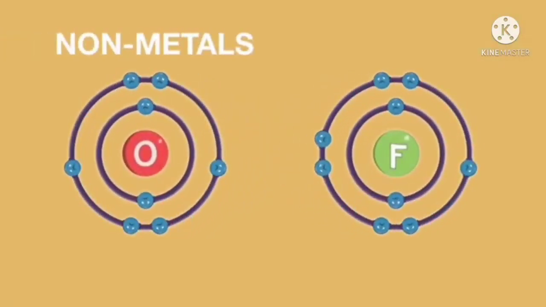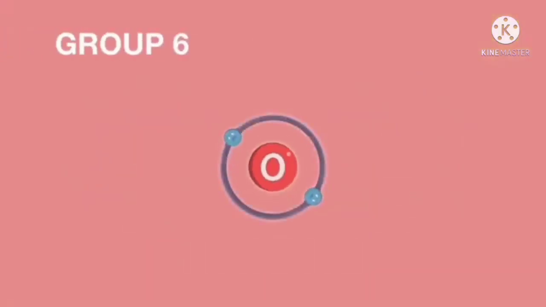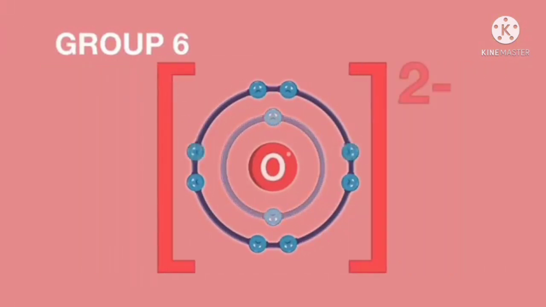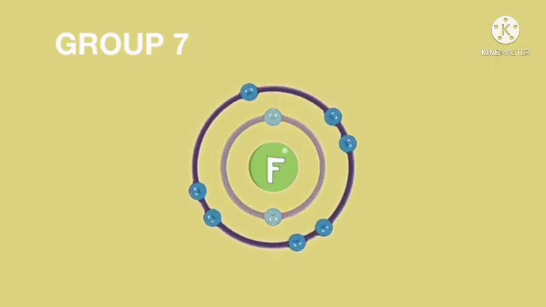What about non-metals? They will gain electrons and acquire a negative charge. So they are anions. In group 6 you have oxygen. Oxygen is a non-metal, so in order to stabilize, it acquires 2 electrons in the outermost shell and acquires a negative charge.